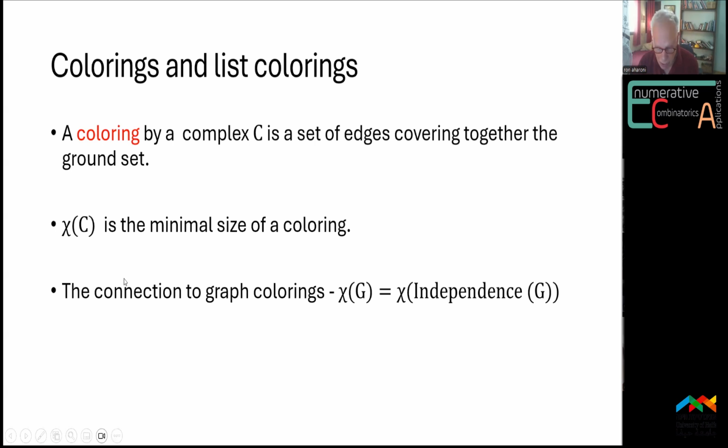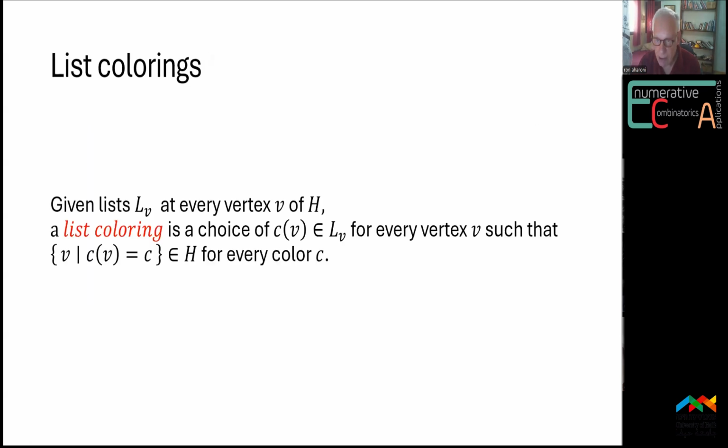So you're not allowed to choose any color at any vertex, but every vertex has a list of colors that it can use, and it's not allowed to use any other colors. A list coloring is a choice for every vertex from the allowed list that it has.